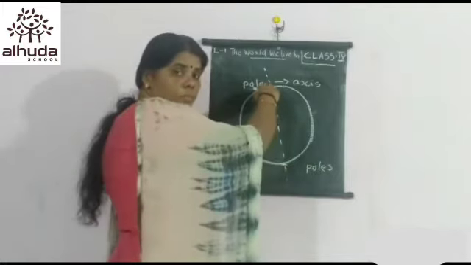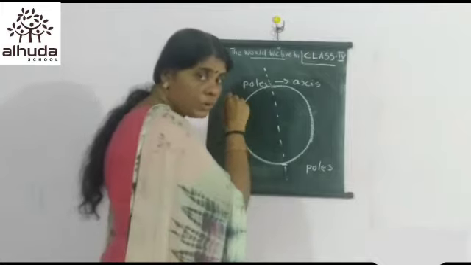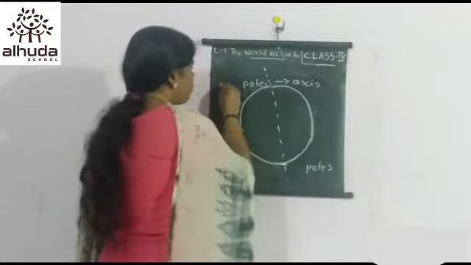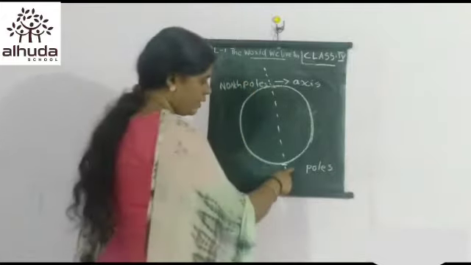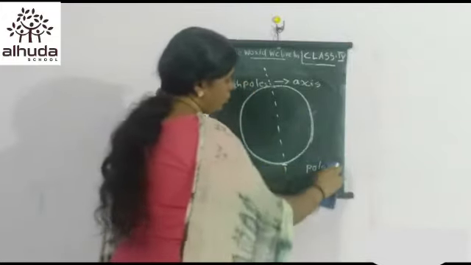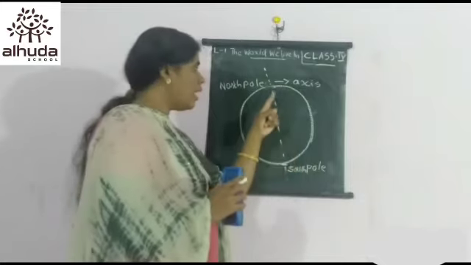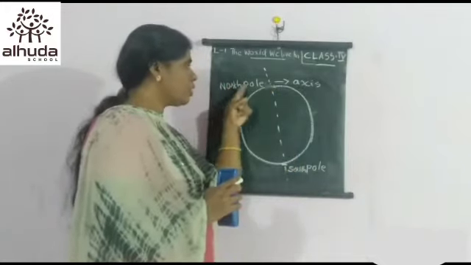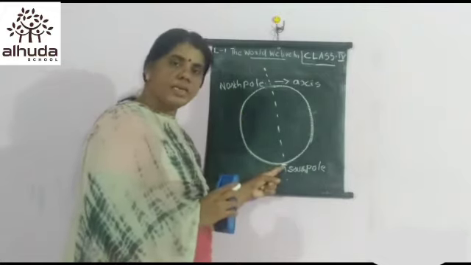The topmost part we call the North Pole, N-O-R-T-H, North Pole, and this one is the South Pole. The bottommost part is called the South Pole. So there are two end points of this earth: the topmost portion is called the North Pole, and the southmost part is called the South Pole.